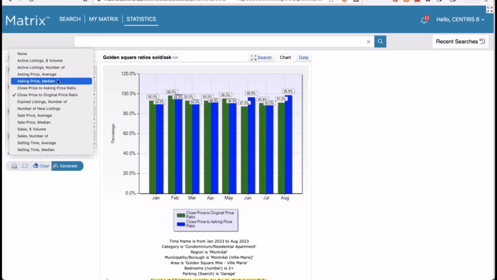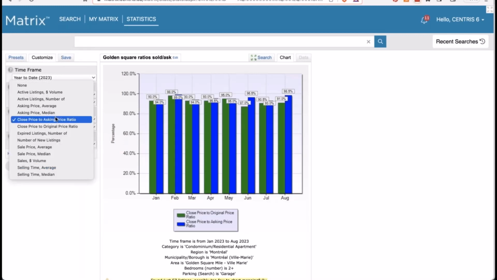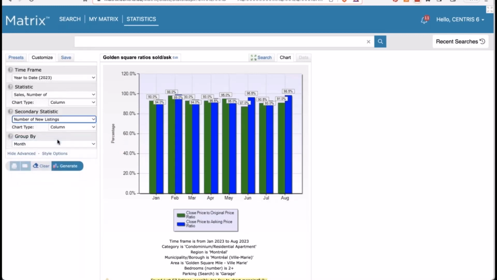So again, prefer the median. The two ratios we just looked at here, number of expired listings, number of new listings, and median sale price, and number of sales. So this is the answer to your question, Bonnie. So we do number of sales, and we could do a number of new listings.